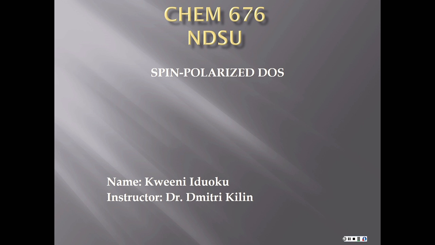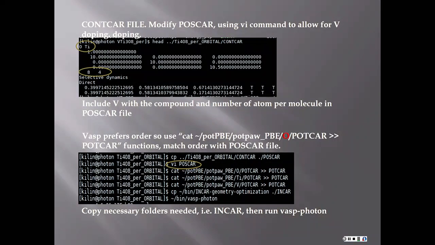All right, so Anas has pretty much talked about most of everything I was going to talk about, but I'll just include mine. It just has the spin-polarized DOS. So first of all, like Anas said, get your CONTCAR files and get your POSCAR files.